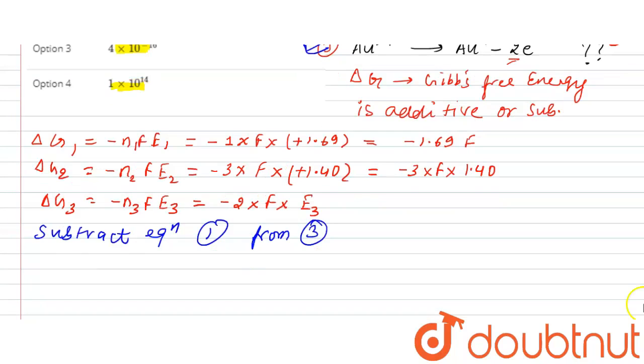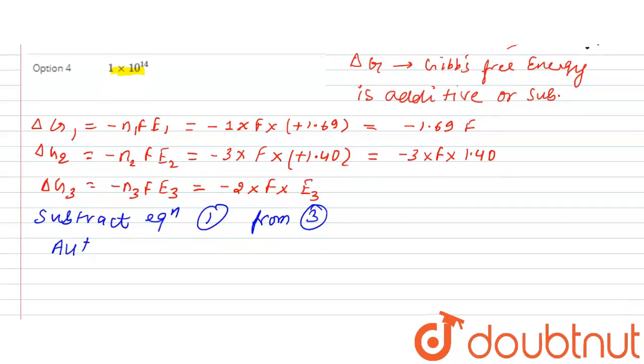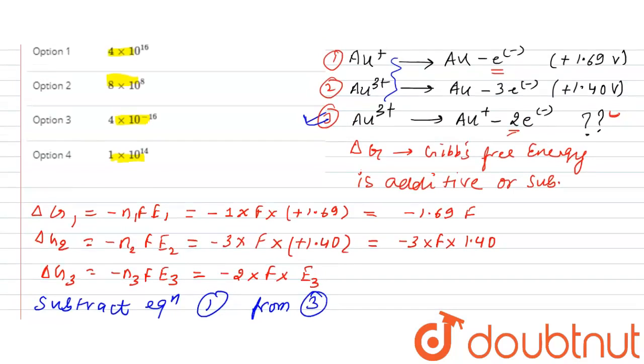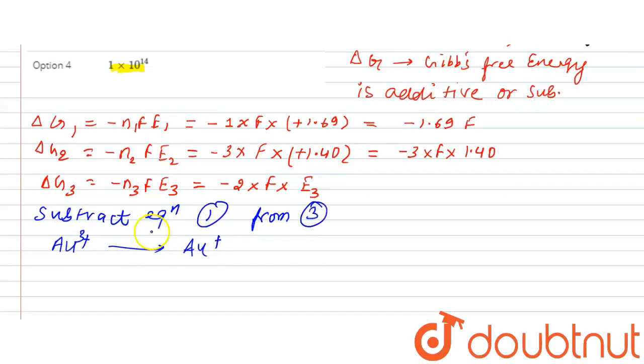So if you subtract equation 1 from equation 2, you get Au3+ will give you Au+, right? This is the last equation, and by subtracting you will get this equation.